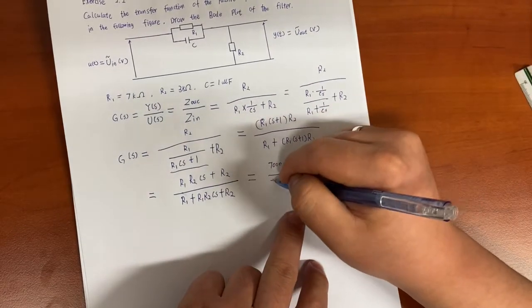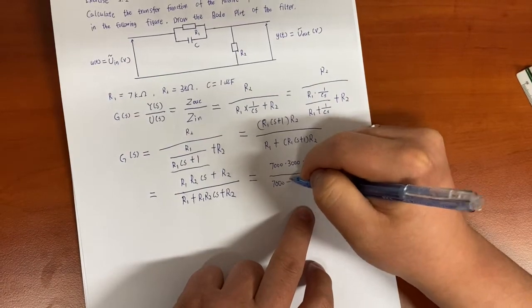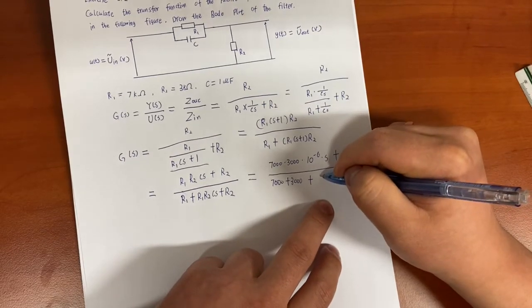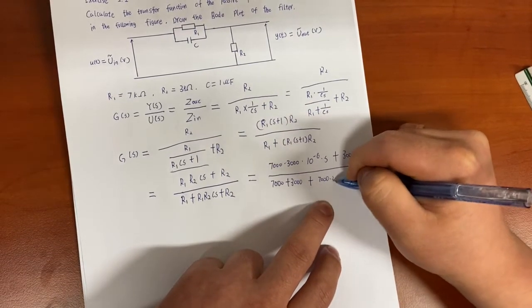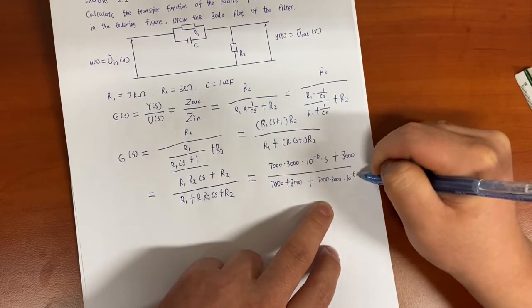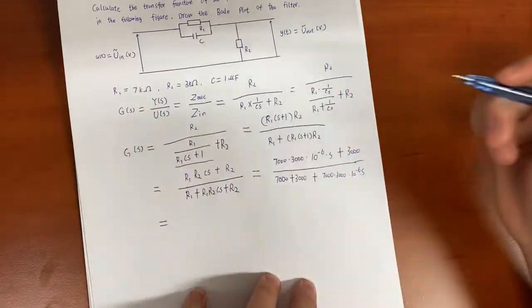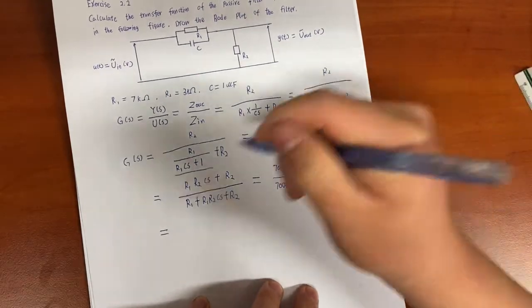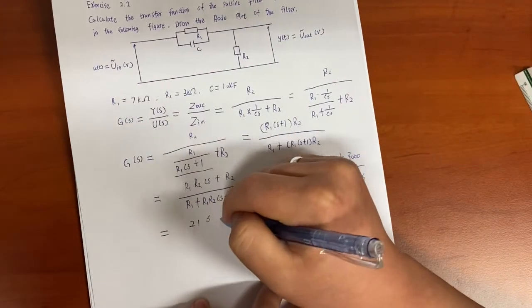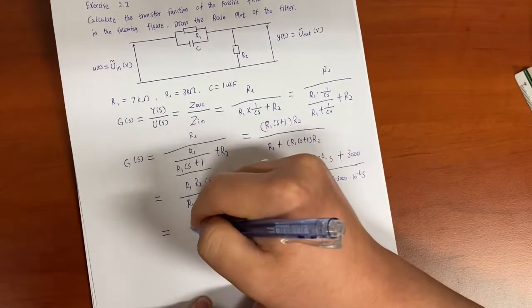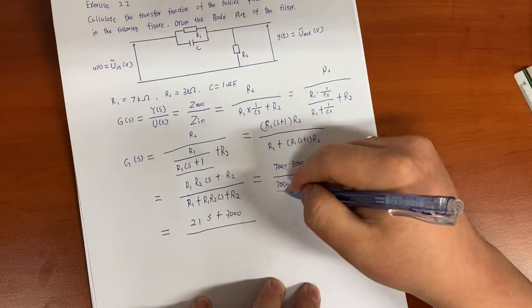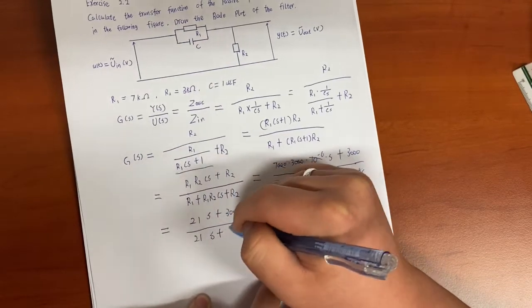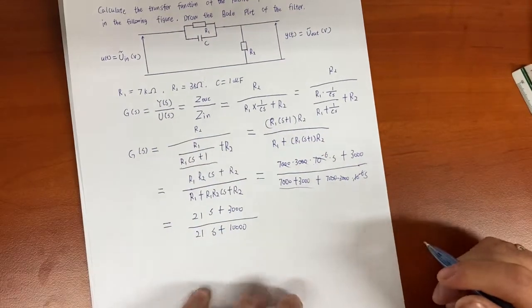R1 is equal to 7000 plus 3000, and then it equals 10,000.